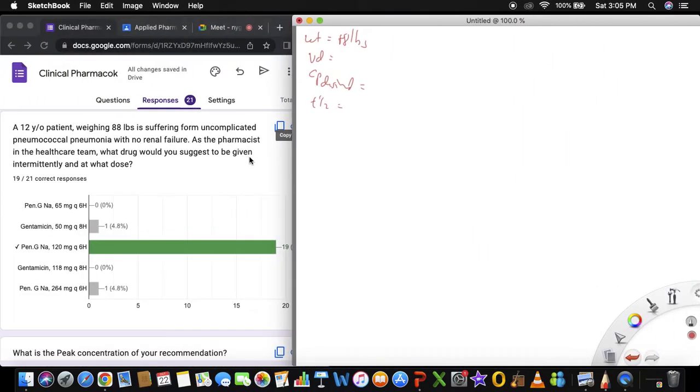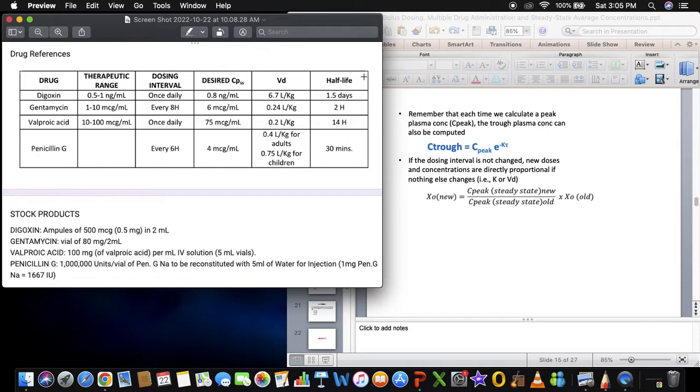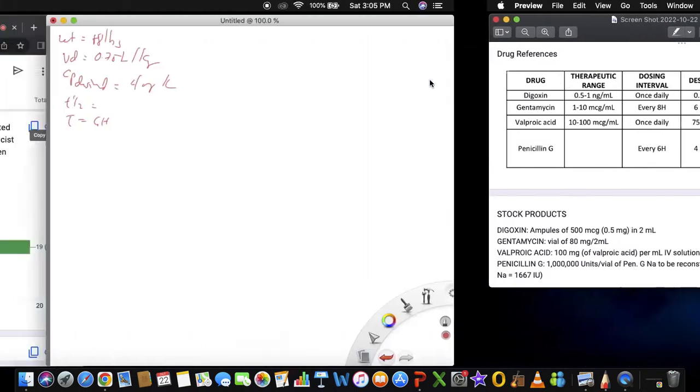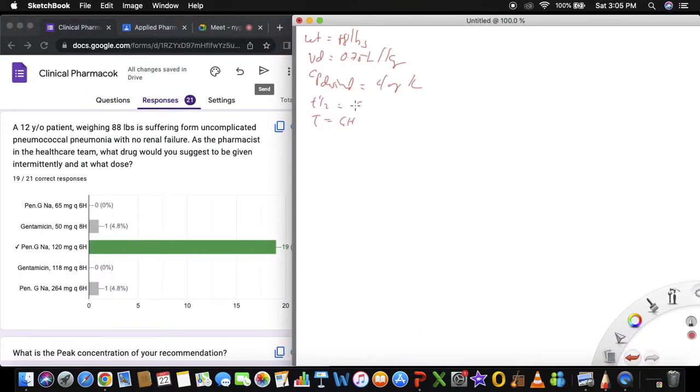Okay, so tau is 6 hours. VD is 0.75 liters per kilogram. CP desired is 4 micrograms per ml, or milligrams per liter. Half-life is 30 minutes, so that's 0.5 hours. So, let's get the VD. 88 pounds divided by 2.2 is 40 kilograms.